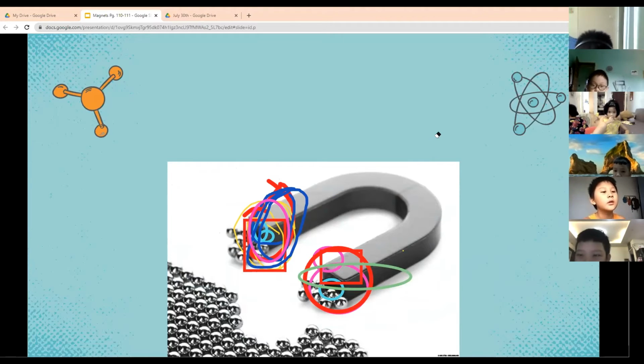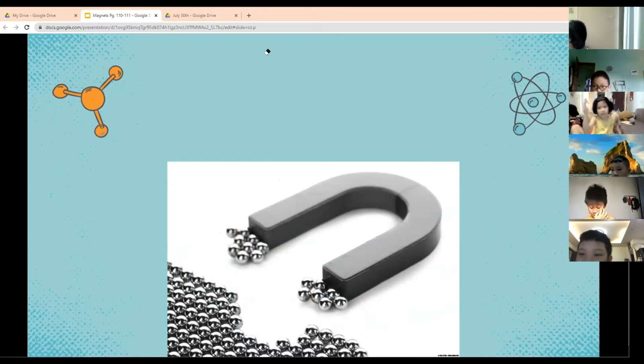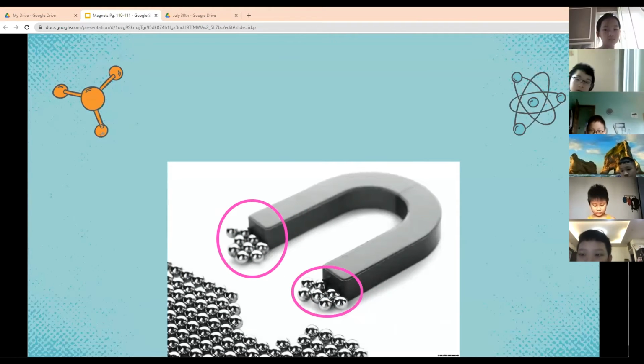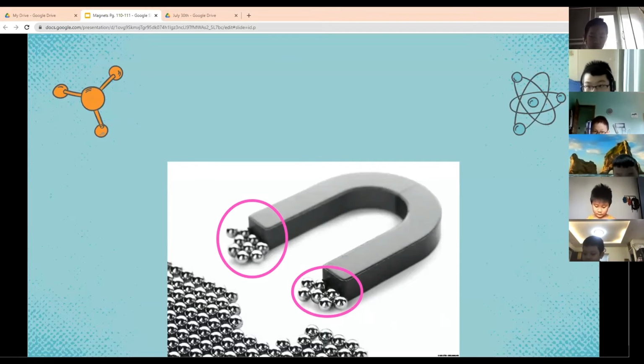What clue in the picture is there to let you guys know this is the North and South Pole? What is happening at the North and South Pole? Banana, what happened to the metal balls? The ball is pulling.